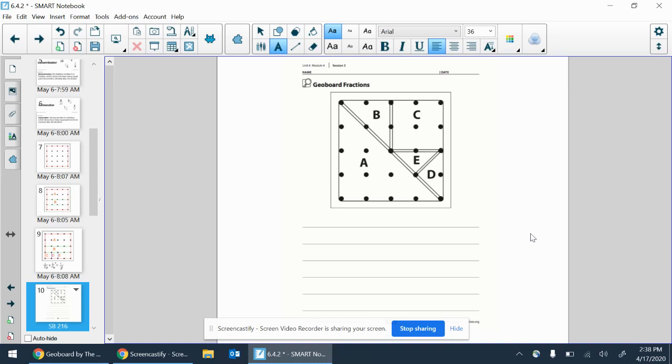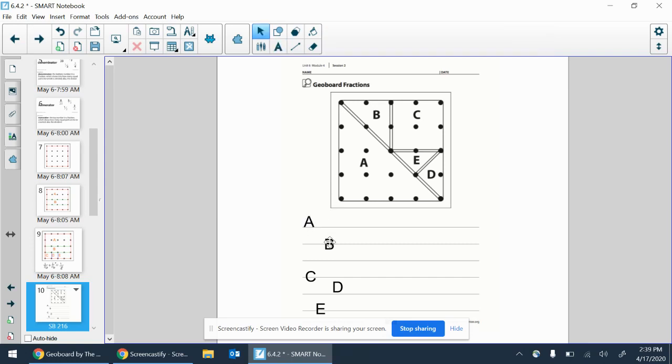What I want you to do is you're going to have to figure out the size of A, the size of B, the size of C, the size of D, and the size of E on this shape here.